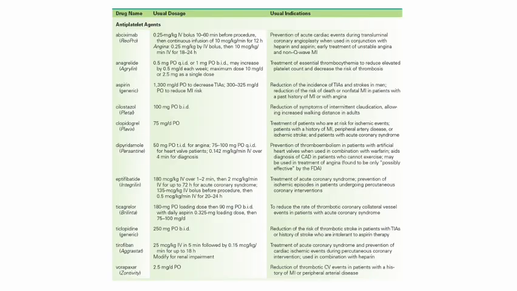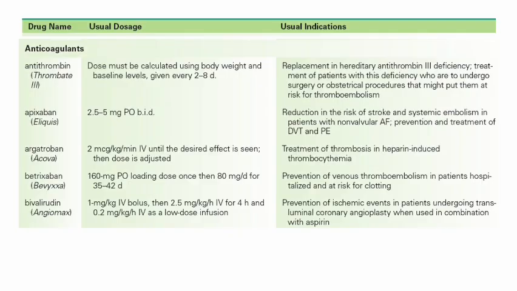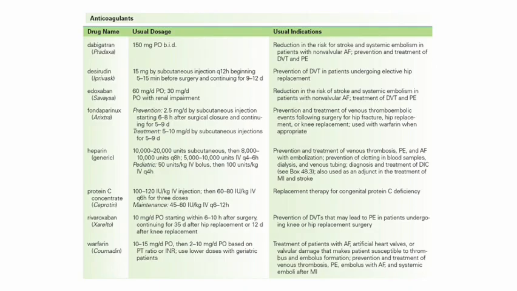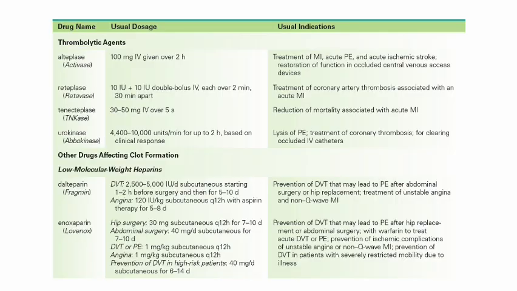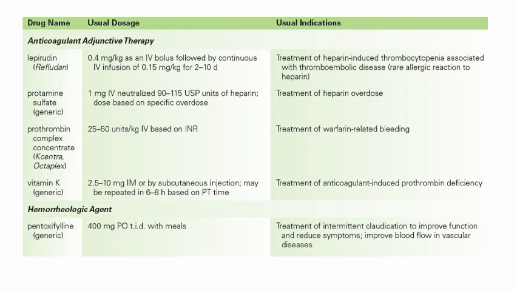So we have here our antiplatelet agents, with their corresponding drug name, usual dosage, and usual indication. I will leave it up to you to look closer when you get a copy of your PLP. Then we also have anticoagulants, thrombolytic agents, and anticoagulant adjunctive therapy.